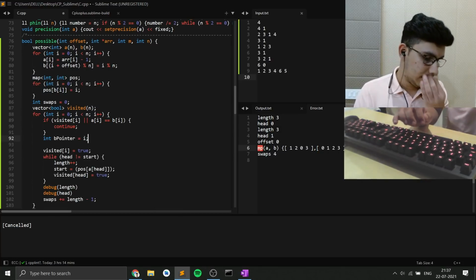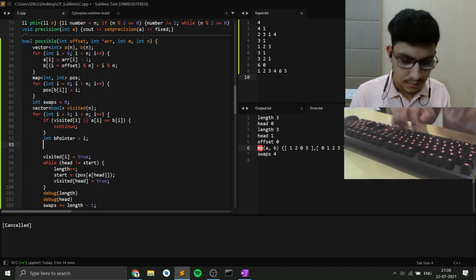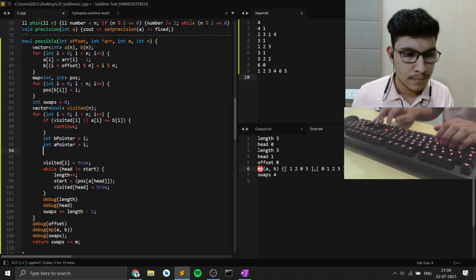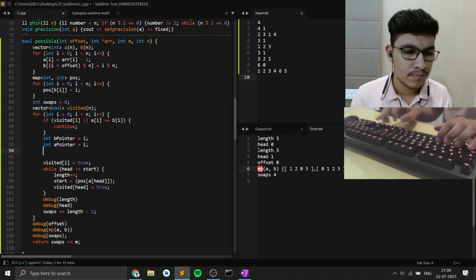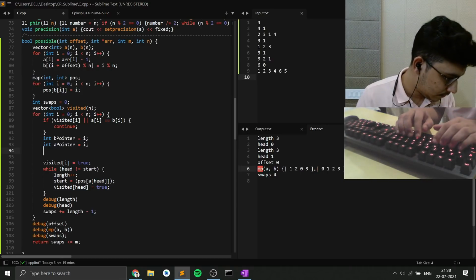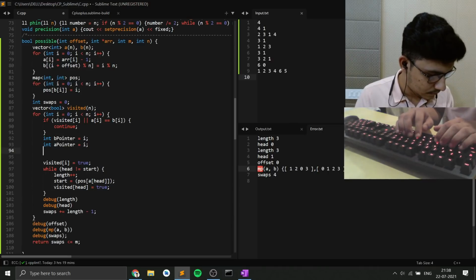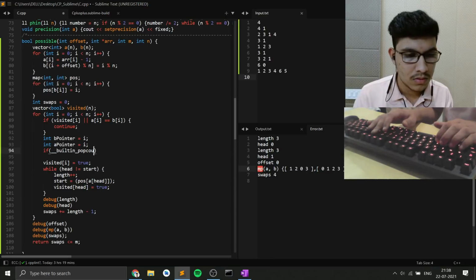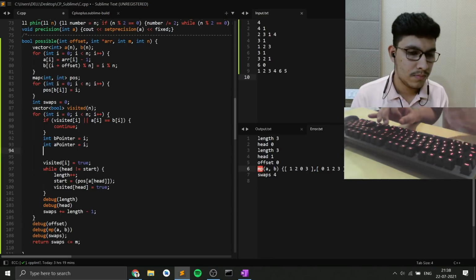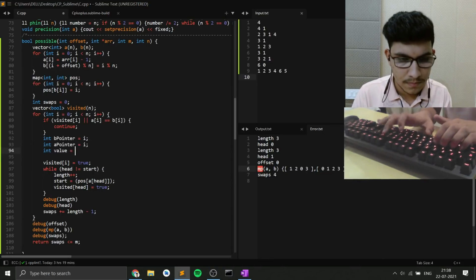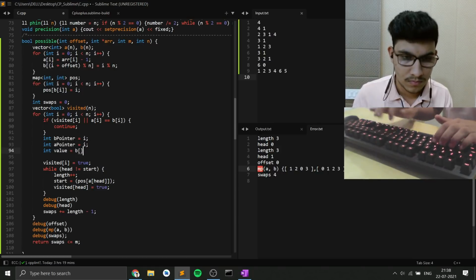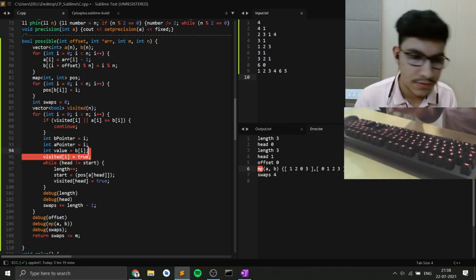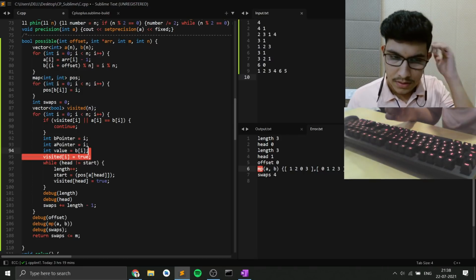I am at I, right? Right, so we need to search for this value in A array.